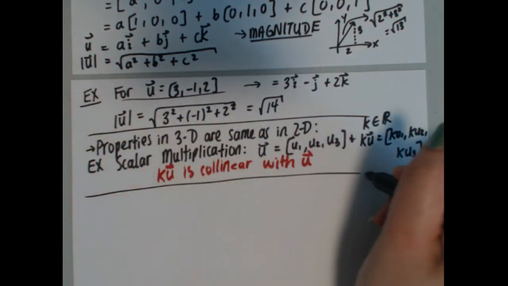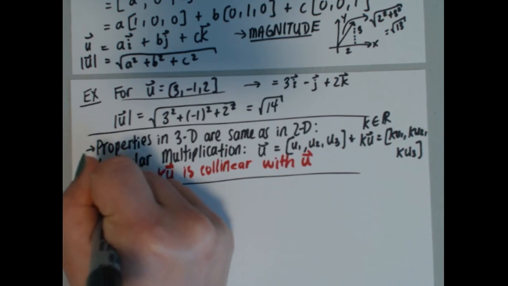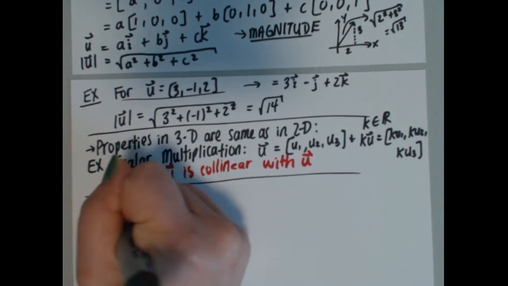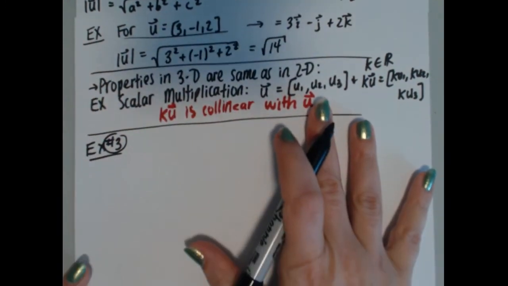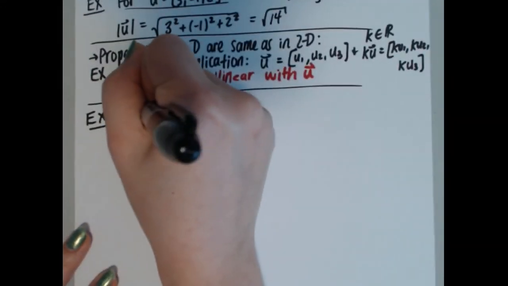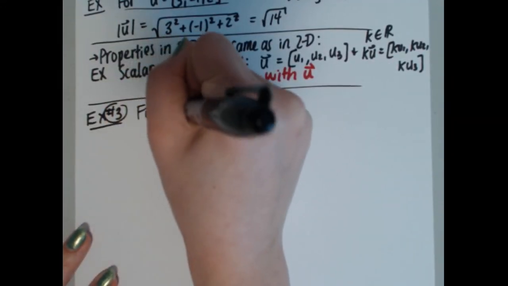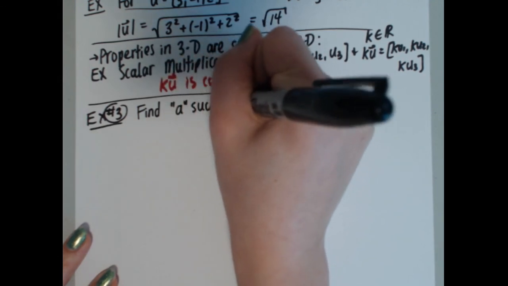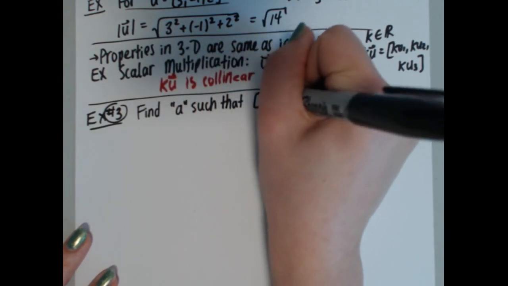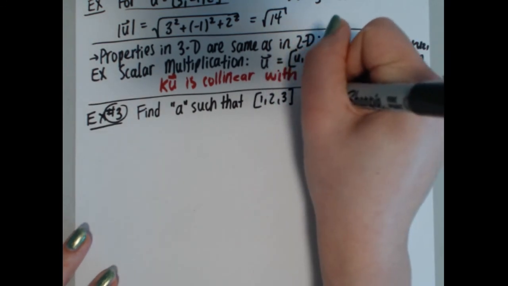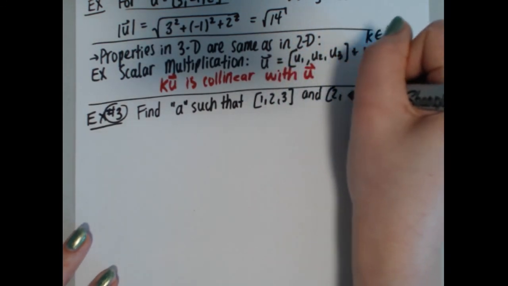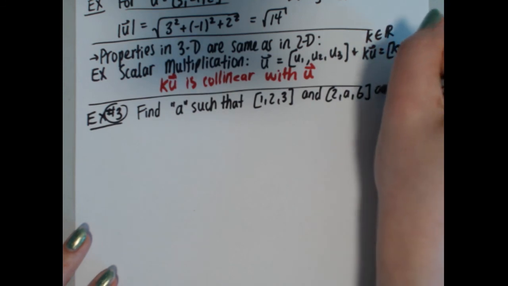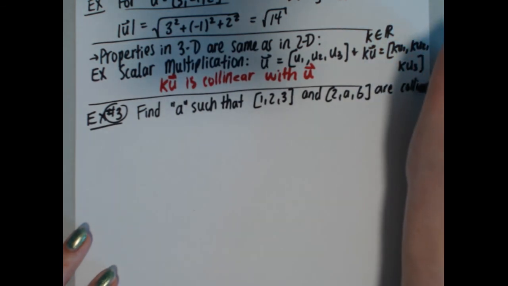All right, so now with that in mind, let's try a formal example. I think we're on example 3 now. Find a, that's letter A, such that [1, 2, 3] and [2, a, 6] are collinear.